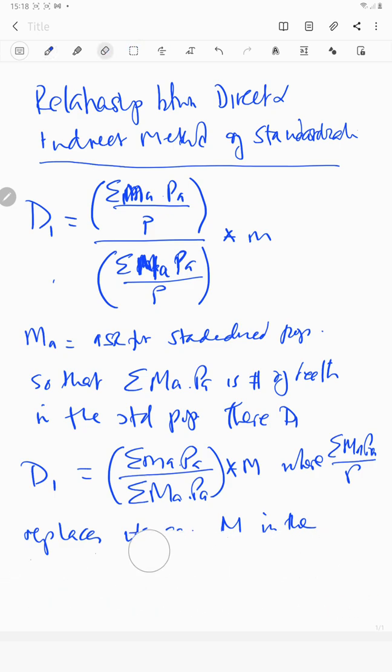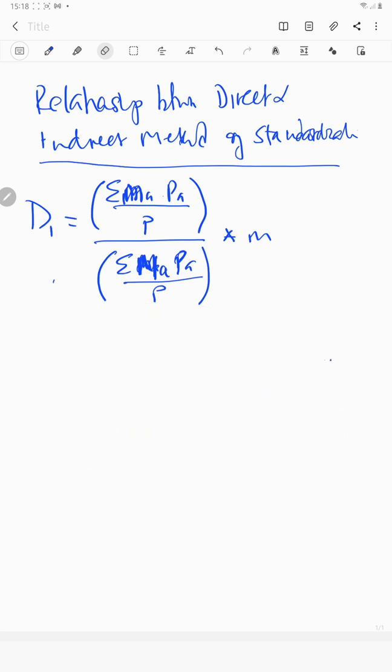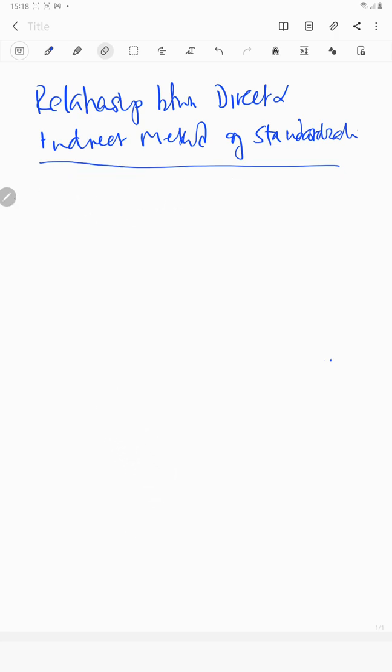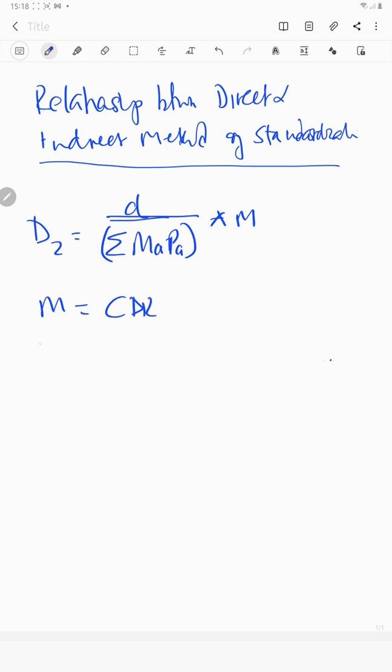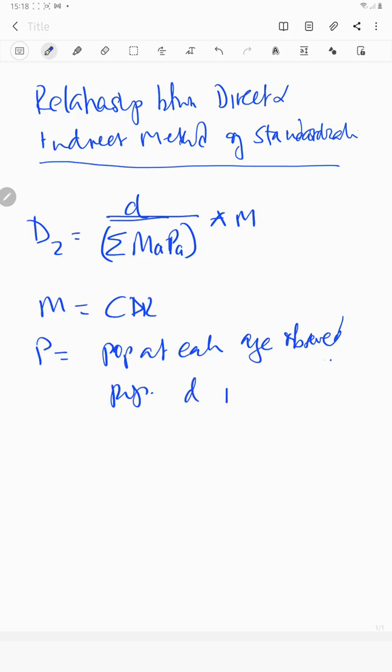Now, for the unstandardized part, we can look at it as D2, which can be obtained by saying D2 is equal to D, which are the actual deaths observed over time, over summation of MA small m, capital M and PA in bracket like that multiplied by M, where M in this case is the crude death rate, and at the same time PA is the population at each age of the observed population, and therefore D is the actual death.